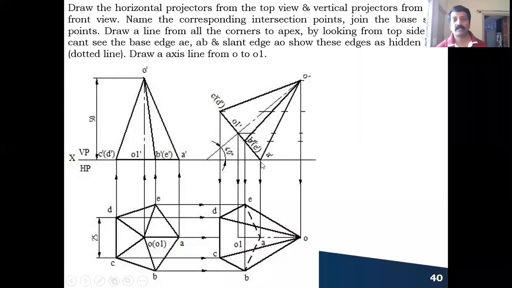Always one clue I have given in the previous example: for any corner condition examples, in the second position top view, the edges which are coming out from that corner we cannot see. So the base edges A to E and A to B you cannot see. You mark them as hidden edges, a dotted line like this.